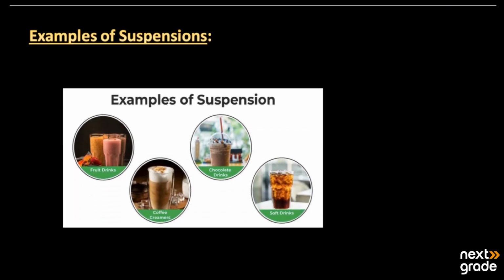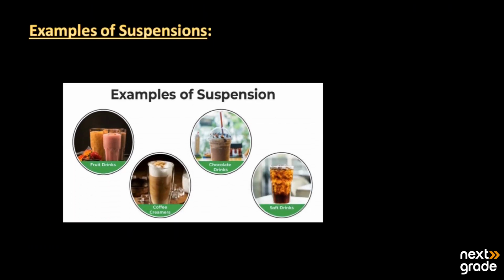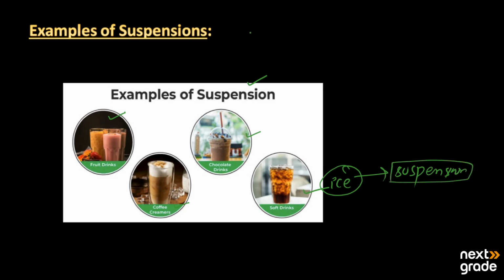Next, we have a lot of examples of suspensions. If we have fruit drinks, we can see the particles suspended in the liquids. Coffee creamers, chocolate drinks, and soft drinks with ice are all known as suspensions.